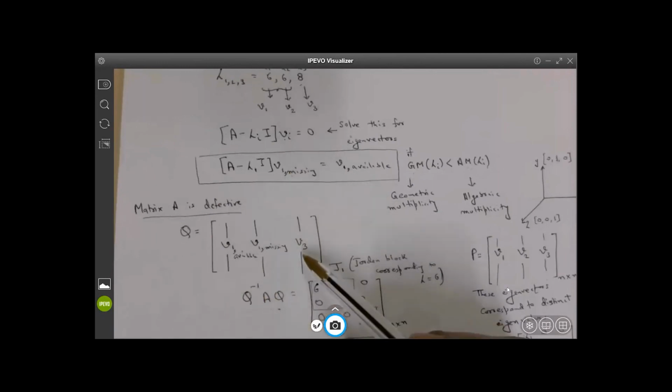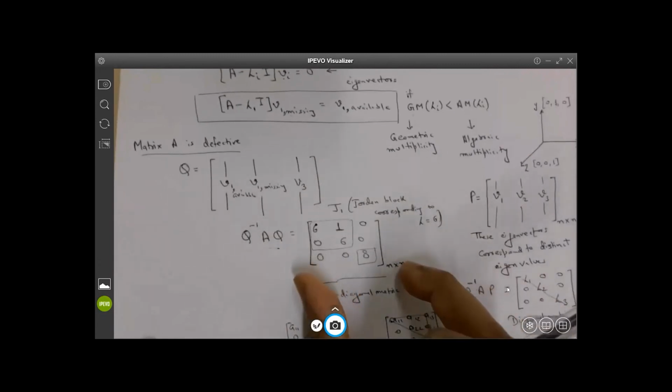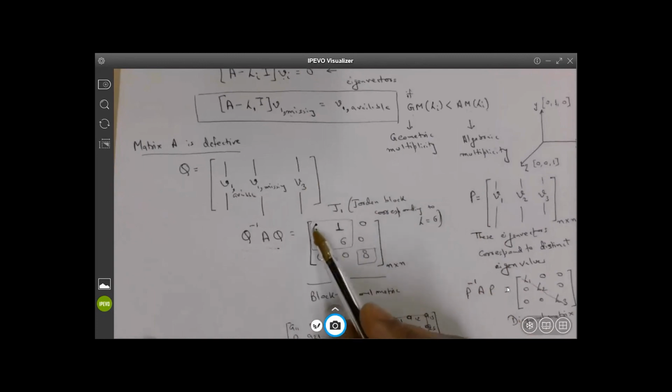But once we get this matrix and we do this operation, we get something like this matrix, which is a block diagonal form where the diagonal elements are your eigenvalues. But since it is a defective matrix, there is an element 1 as well in the super diagonal. Super diagonal means above the diagonal, and subdiagonal means below the diagonal. So you have one scalar number equal to 1 which appears in the super diagonal form.